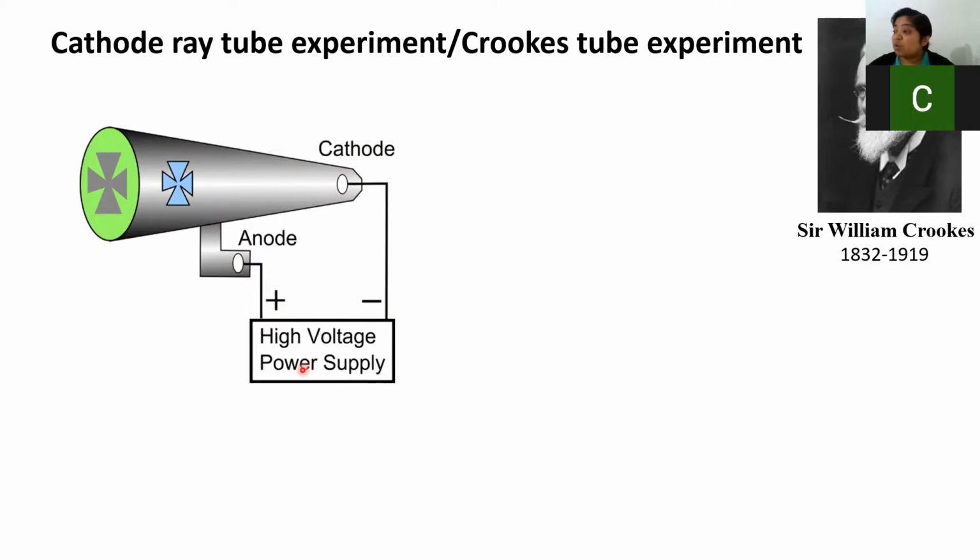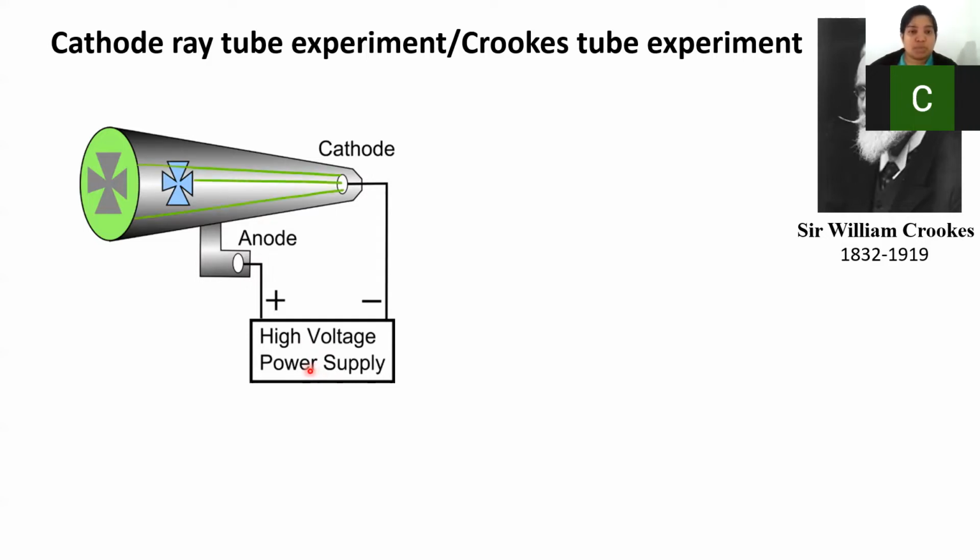And when he provided very high voltage while maintaining a vacuum, so he's pumping out air from this tube. When he pumped out the air, created a vacuum and provided a very high voltage like 10,000 volts, he saw that there is some sort of a particle moving from cathode to anode.